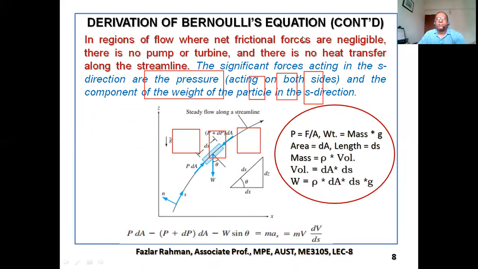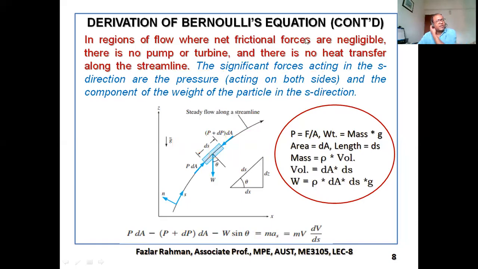Now we'll apply Newton's second law. And right over here, we just showed you how we can figure out the force and the volume. I already explained it. Now we are making a force balance.